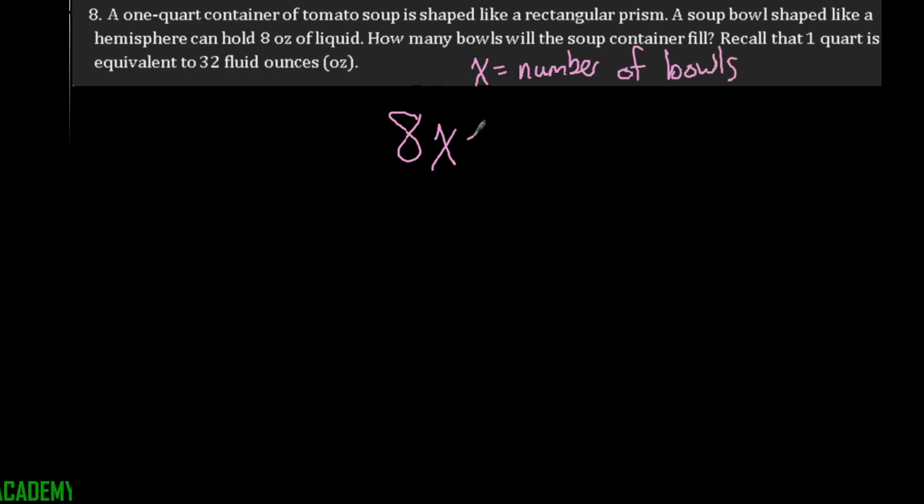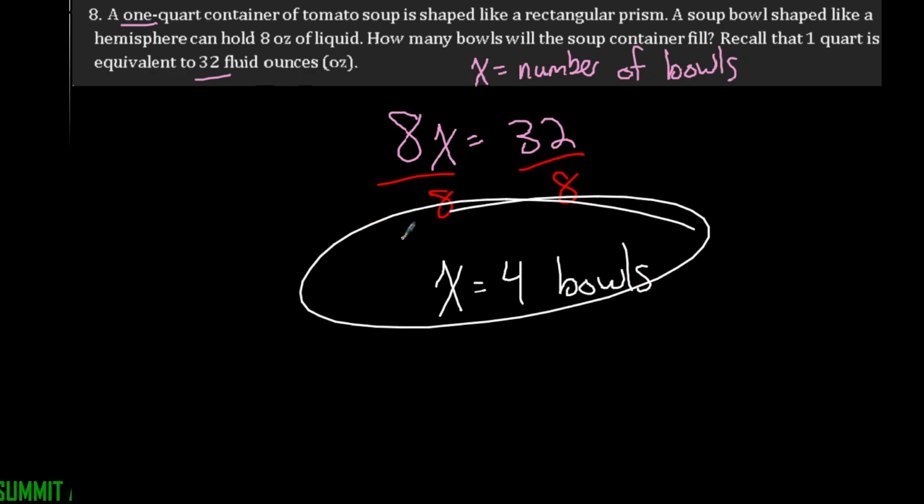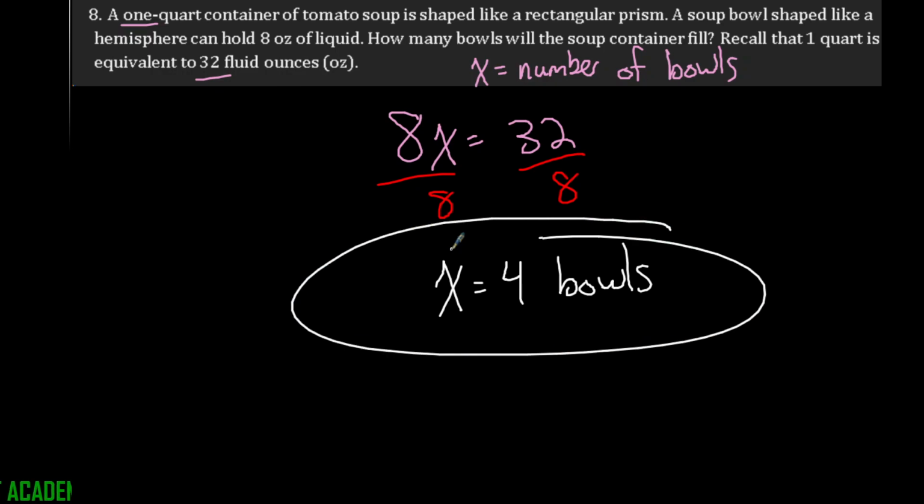We're saying that this has to be equal to 32 fluid ounces because that is 1 quart. So real simple one-step equation: divide both sides by 8 because we're dividing by the coefficient, and we're going to say x equals 4 bowls. Real simple one-step equation.